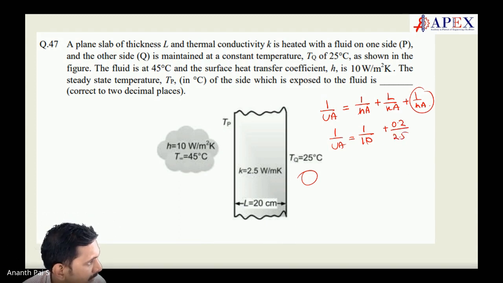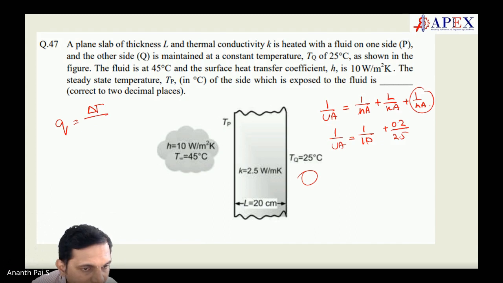So you get Q is equal to delta T divided by R, this is the resistance R. So Q is equal to delta T by R, which gives 45 minus 25 divided by whatever R you have calculated here.